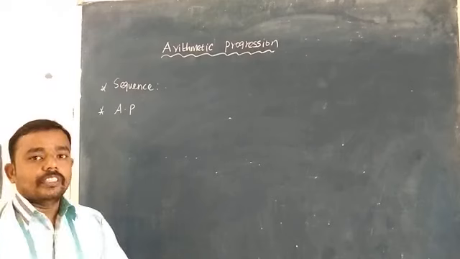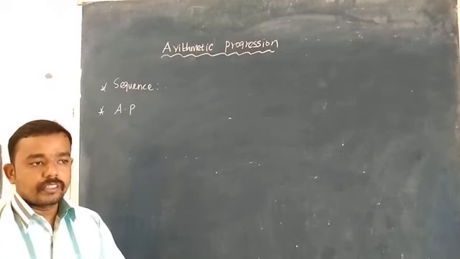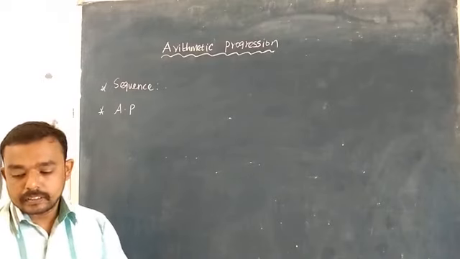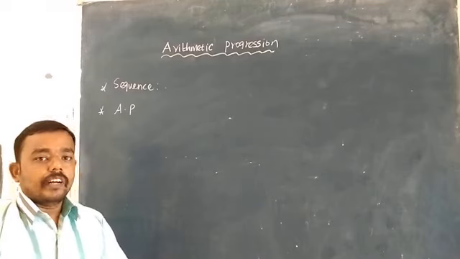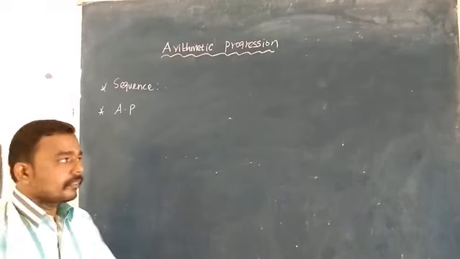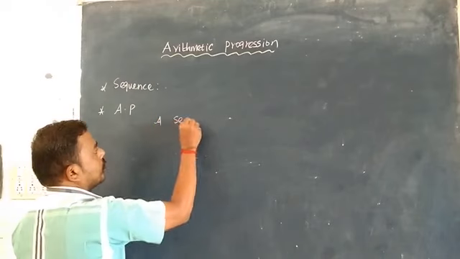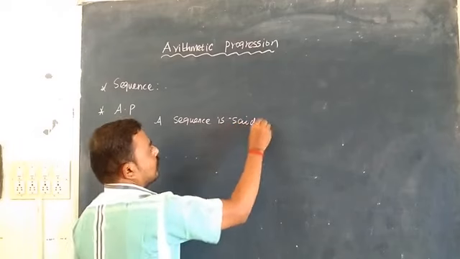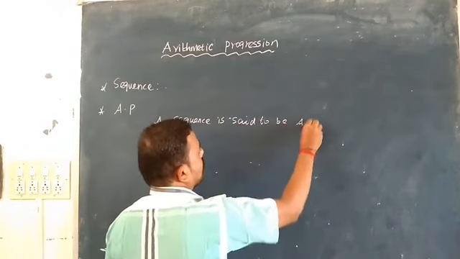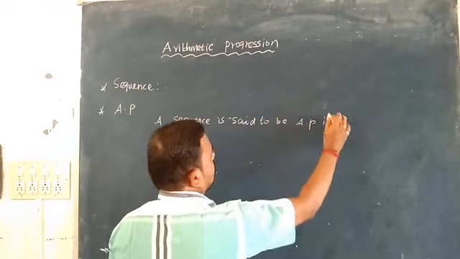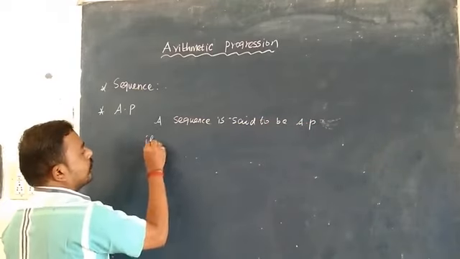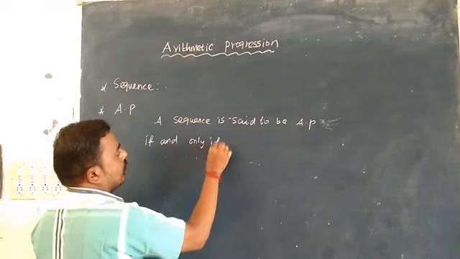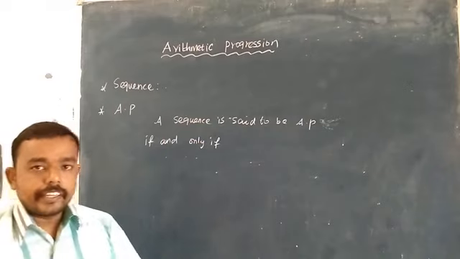When is a sequence called an AP? A sequence arranged in a definite order is said to be an arithmetic progression if and only if... The meaning of if and only if: it is arranged in a definite order.